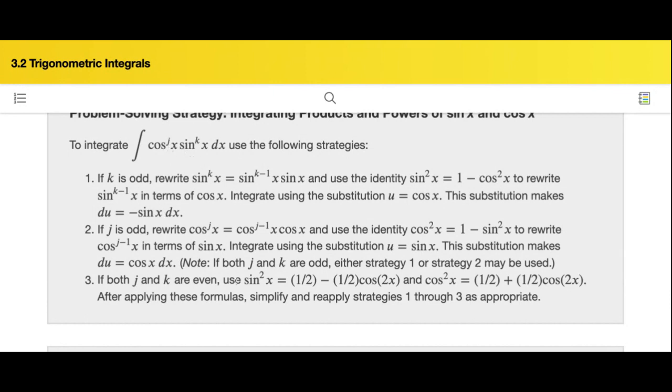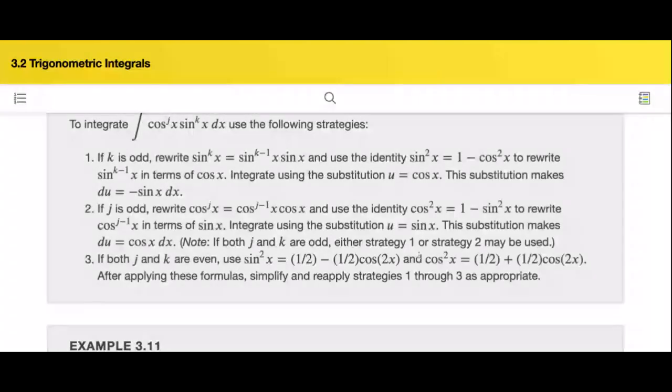If both j and k are even, we use this half angle, or some people call double angle formula. This is basically what we did earlier, right? Basically earlier we only have sine x dx or cosine x dx, but now we have both sine and cosine with a higher exponent.